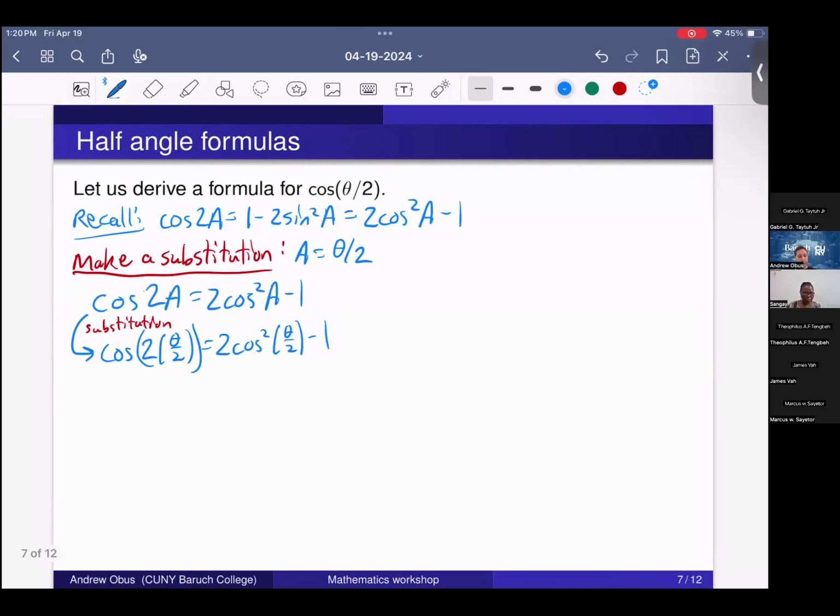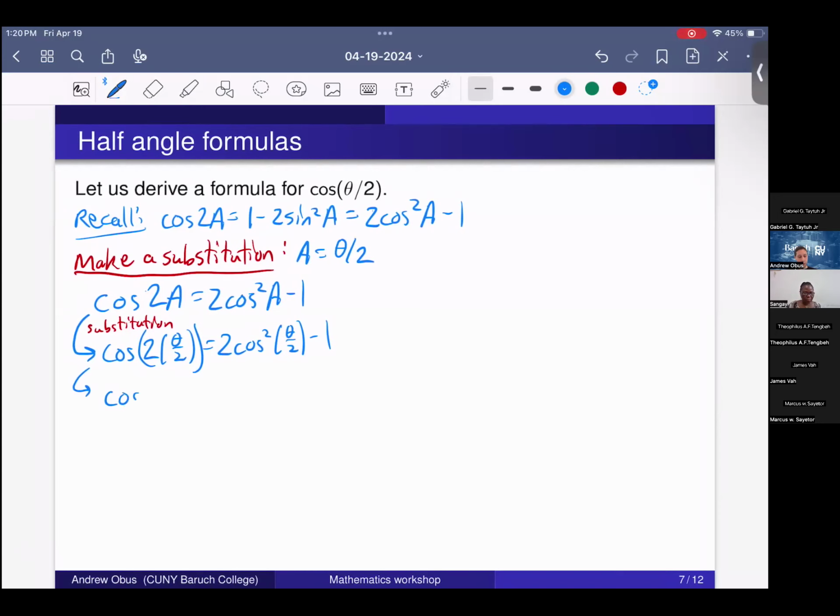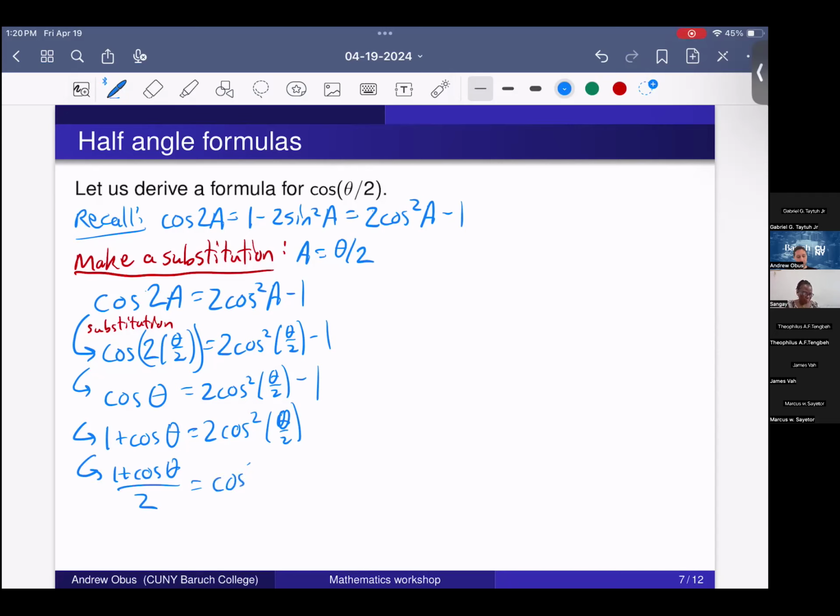And now this simplifies. This gives us that cosine of theta is equal to 2 cosine squared of theta over 2 minus 1. And we want a formula for cosine theta over 2, so let's isolate it, right? So this tells us that 1 plus cosine of theta is equal to 2 cosine squared theta over 2. Just added 1 to both sides. And now I'll divide both sides by 2. So 1 plus cosine of theta over 2 is equal to cosine squared of theta over 2. And so what does that tell us in the end?